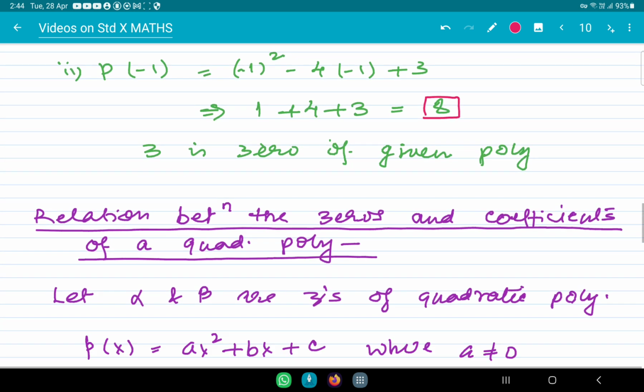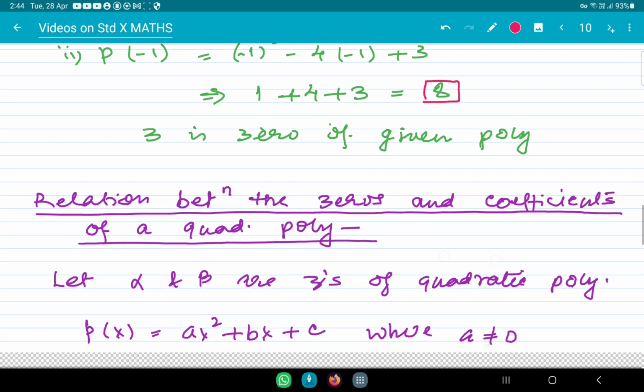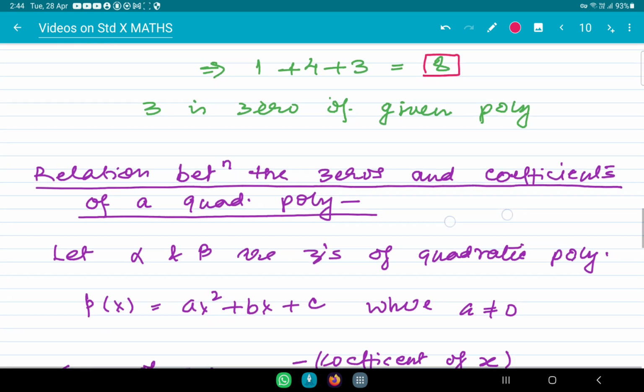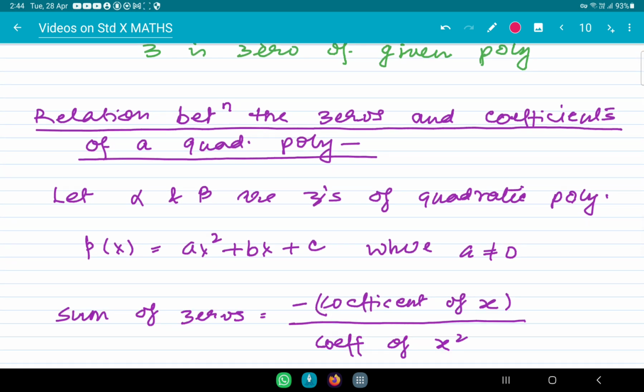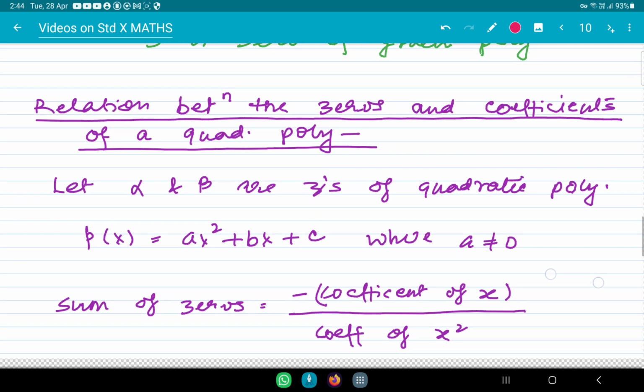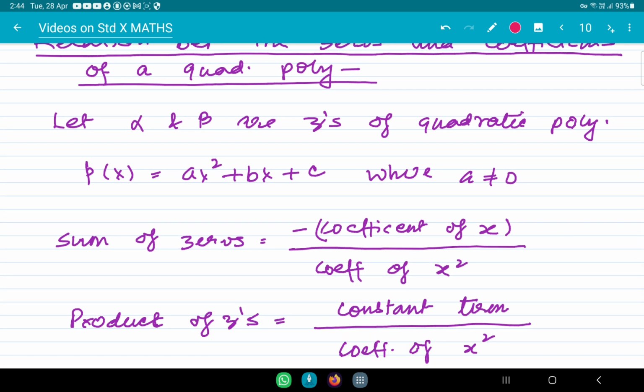Now we are seeing the relationship between zeros and coefficients of a quadratic polynomial. First we will see the standard formula and how it is useful for finding the sum of zeros and product of zeros. Our standard form of a quadratic polynomial is ax square plus bx plus c, where a is not equal to 0.